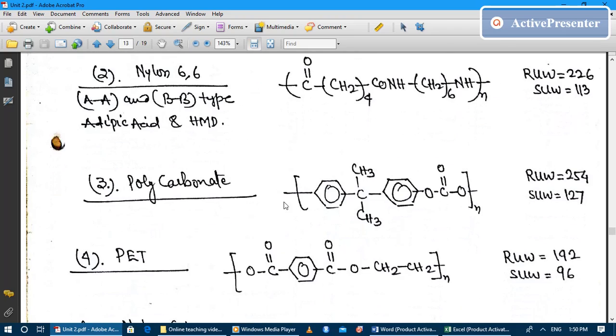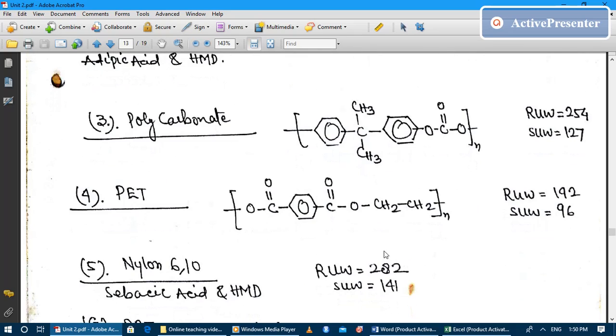Similarly, this is the repeating unit for polycarbonate, and again this is AA and BB type of monomer, where structural unit weight is half of the repeating unit weight. In case of polyethylene terephthalate, known as PET, again this is an example of AA and BB type of monomer.